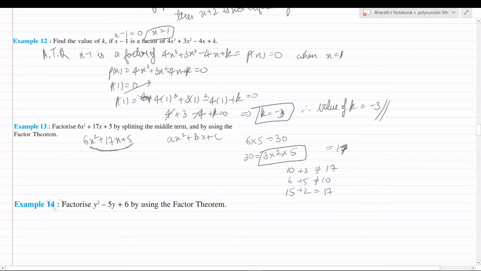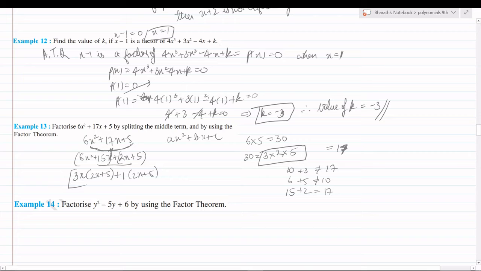So by splitting this middle term, 6x square plus 15x plus 2x plus 5, which gives us 17. No worries. While splitting, this is a separate term and this is a separate term. Take common out. In the first, 3x is common. In the second, there is nothing common, so 1 into 2x plus 5.